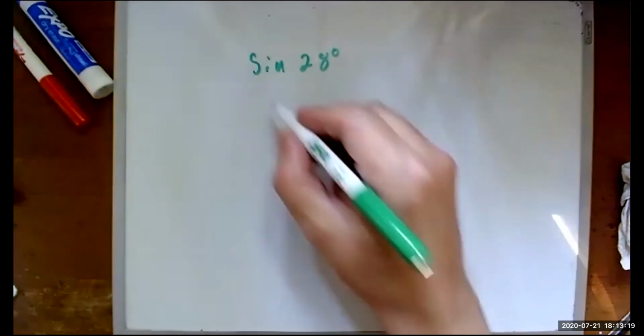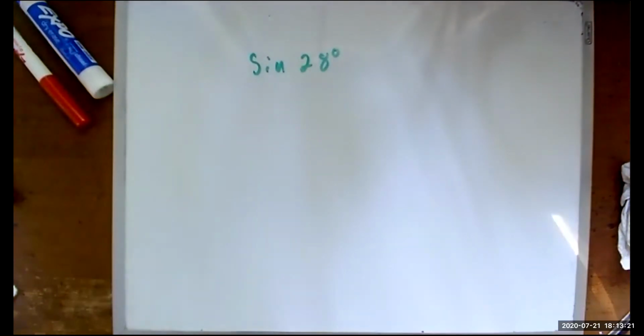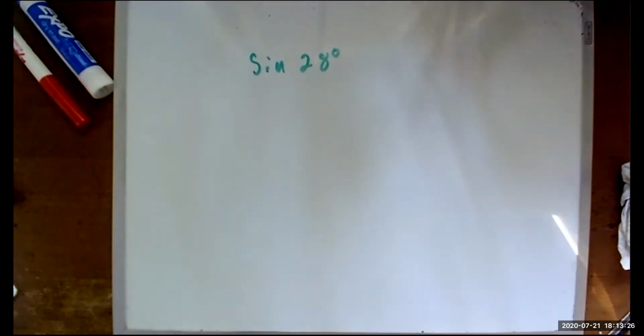So if I have the sine of 28 degrees, now it depends on the calculator that you have. You're either going to push the sine button and then punch in 28 and hit equals, or you have to punch in 28 first and then press your sine button and then press equals.